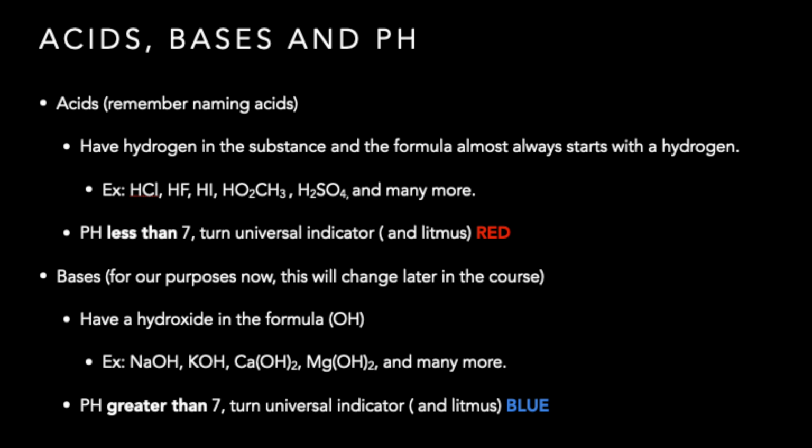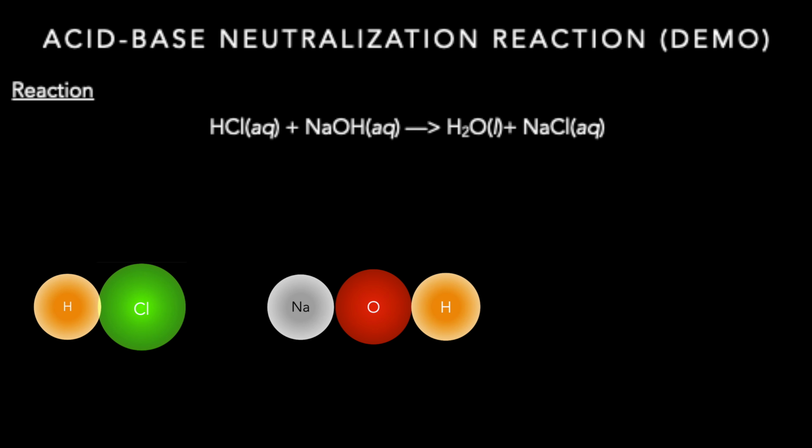Let's go ahead and look at the particle diagram and reaction for the reaction between hydrochloric acid and sodium hydroxide that we saw in the demonstration. So here we have the reaction between hydrochloric acid and sodium hydroxide. Remember, this is a double replacement reaction, so we'll see a partner swapping occur.